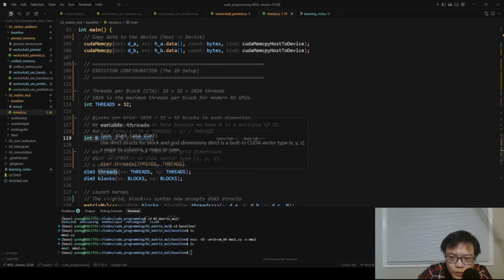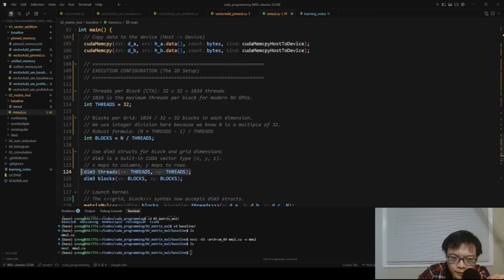The dim3 threads(32, 32) creates a block of 32 times 32 threads, this line. That is 1024 threads per block, the absolute maximum limit for current NVIDIA architectures. So we are maximizing the occupancy of streaming multiprocessors.